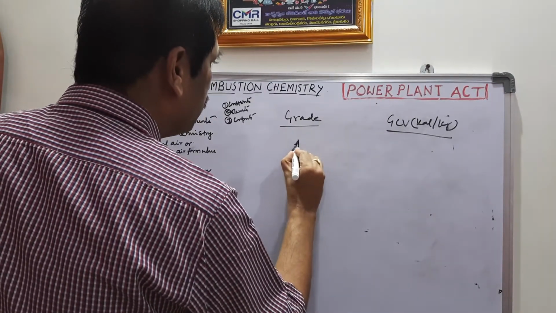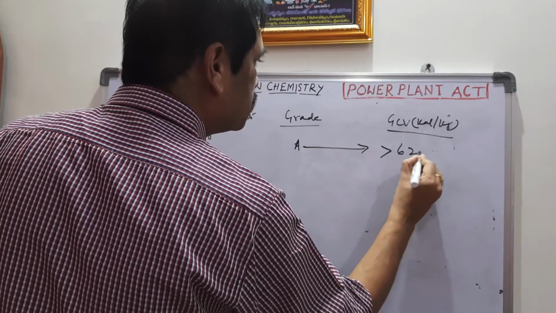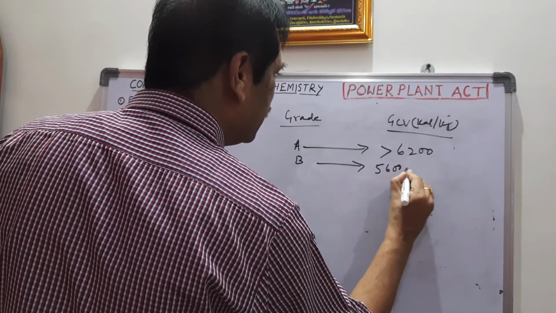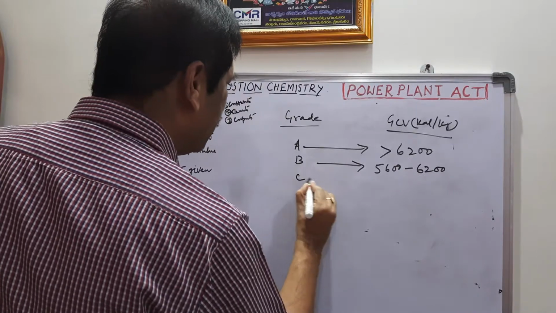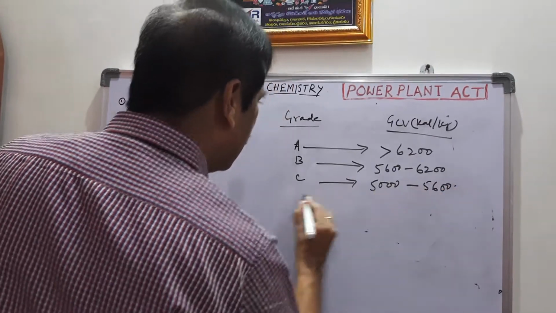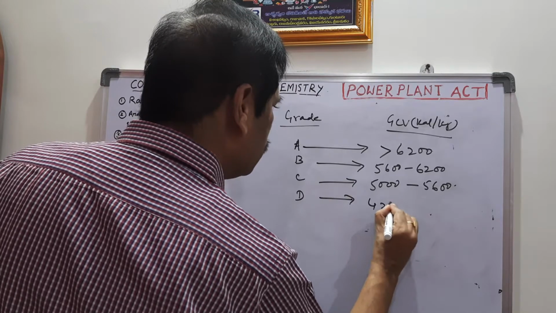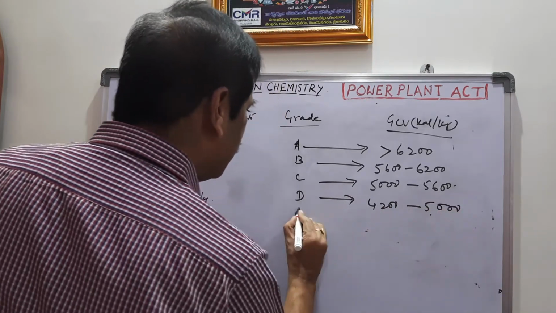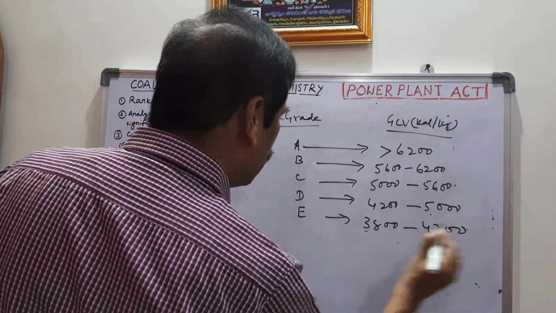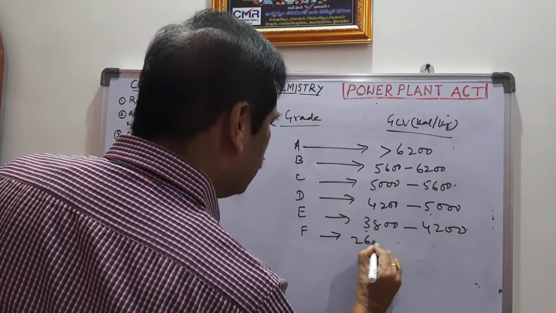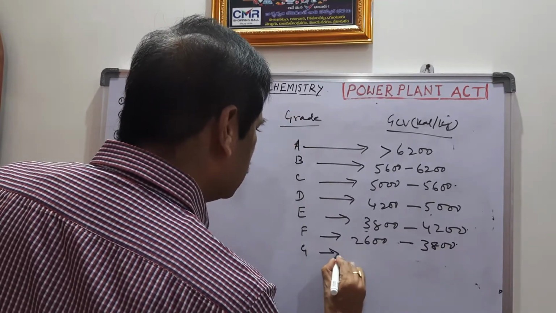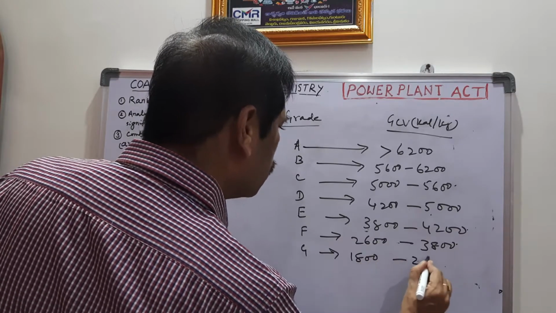Grade A is more than 6200 and grade B is in between 5600 to 6200 and grade C is 5000 to 5600 and grade D is 4200 to 5000 and grade E is in between 3800 to 4200 and grade F is in between 2600 to 3800 and grade G is 1800 to 2600.